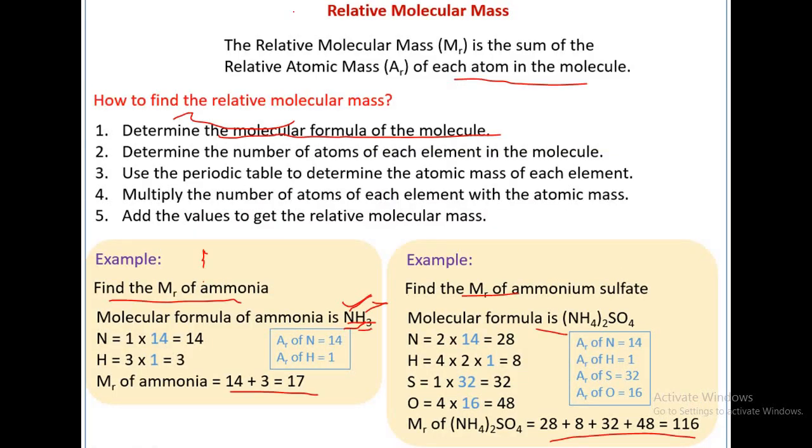Then write down the definition of relative molecular mass, and try to calculate the question in which you have to calculate the relative molecular mass, that is 9b, page number 19. Question number 9b you will do just after this class, as well as question number 12. So try to do these.